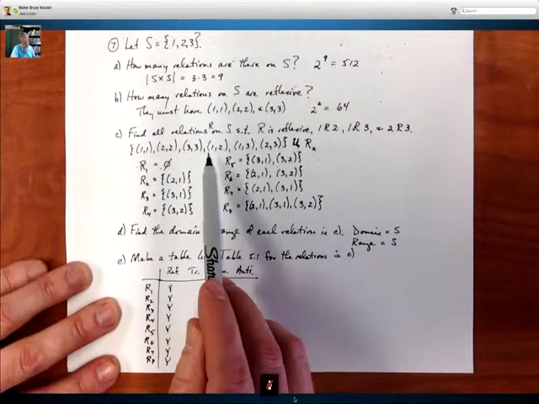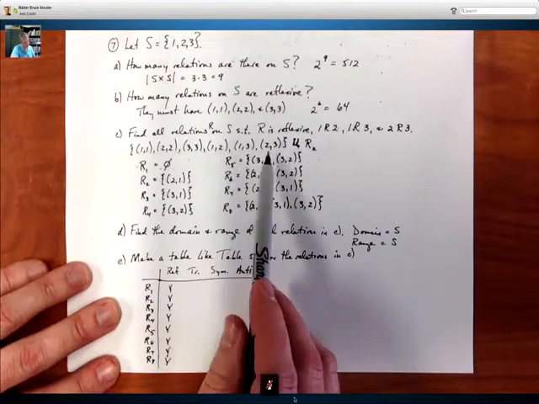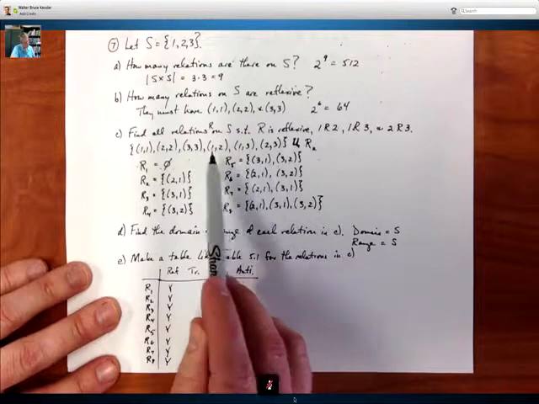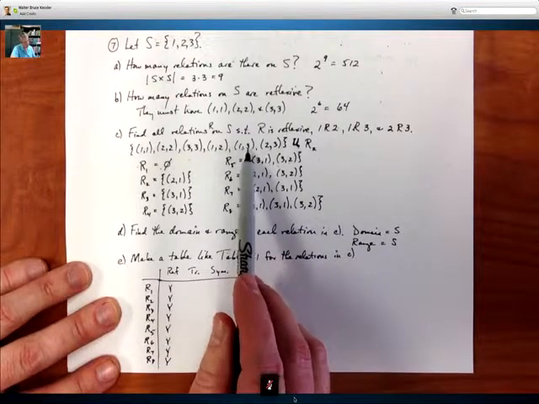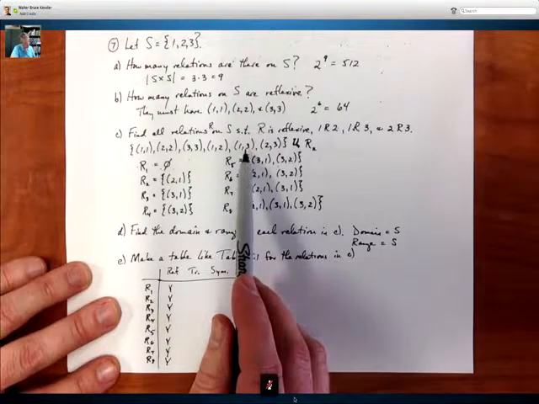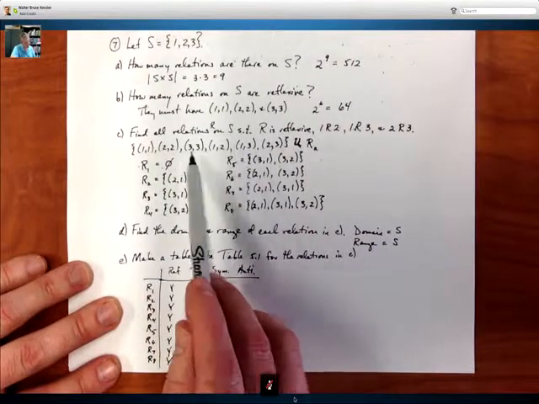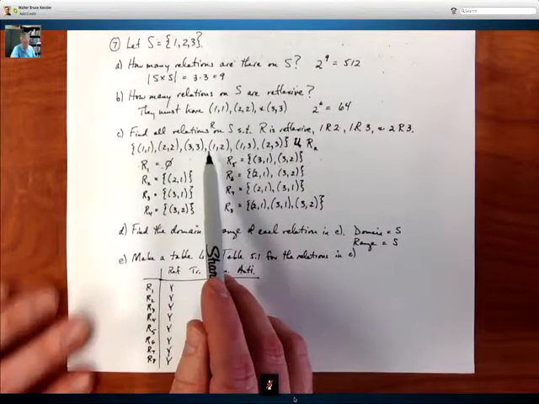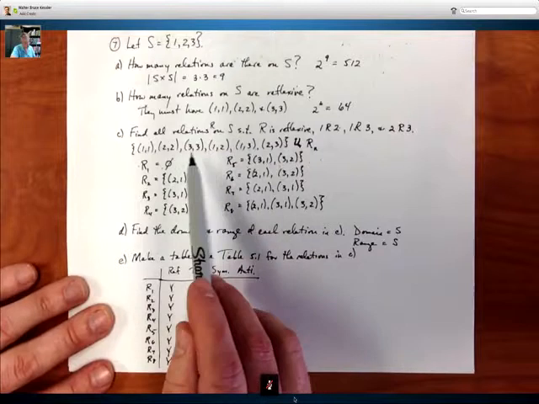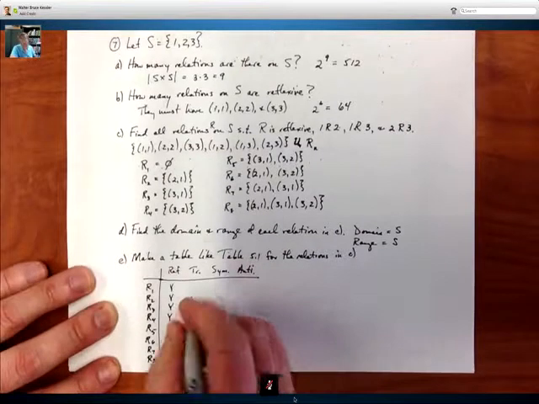Transitive, let's see. I'm not so much worried about these as I am 1 to 2 and 2 to 3. 1 to 3 is good. 1 to 1, 1 to 3. Yep, okay there. 2 to 3.